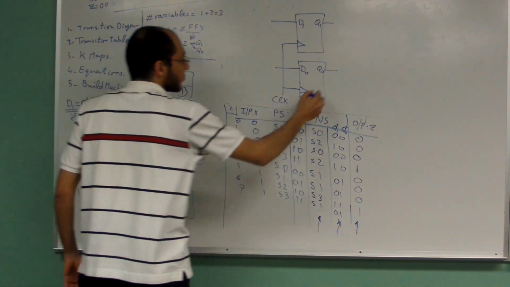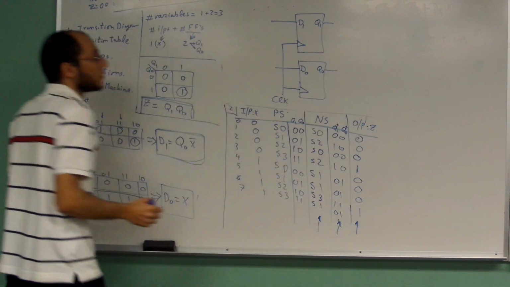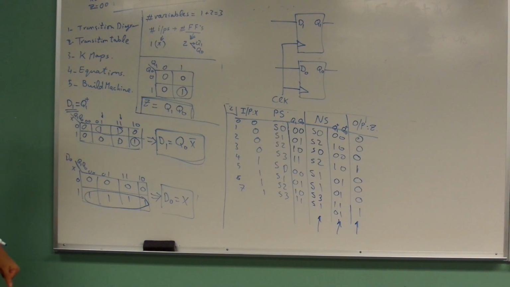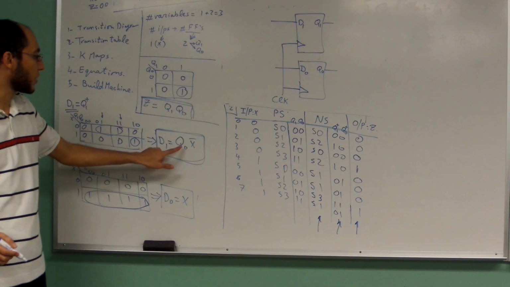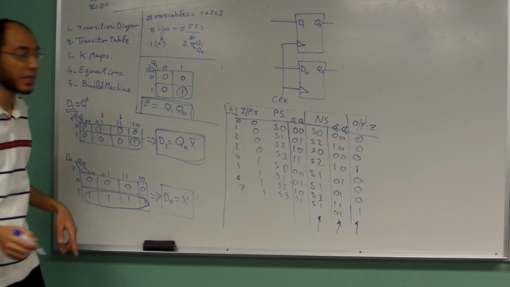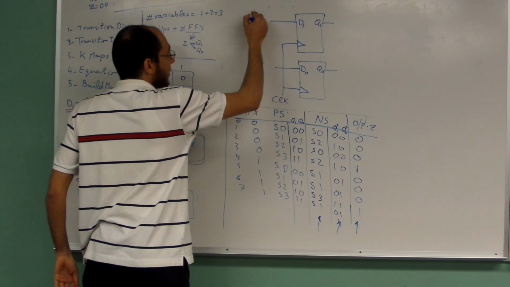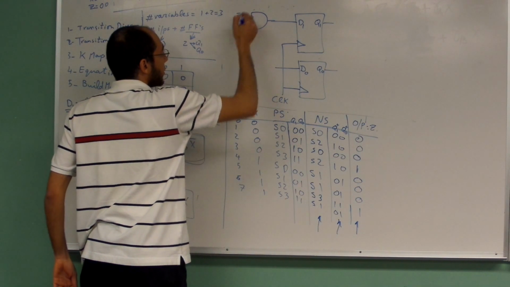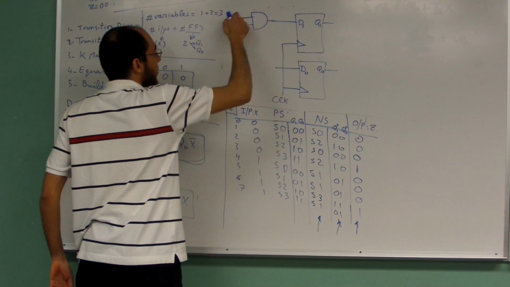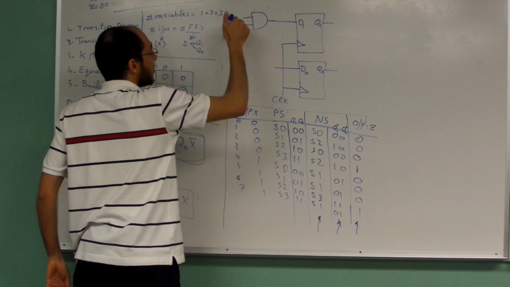Alright? So, what is feeding D1? D1 is fed by Q0 multiplied by X bar. So it's an AND gate, has an input of X bar, and sometimes some people like to write it this way.